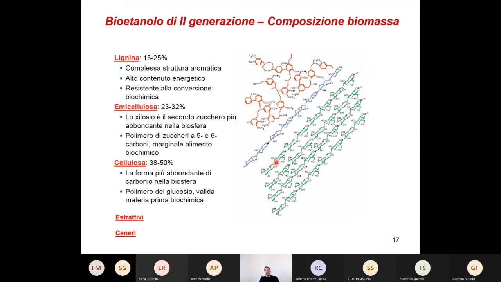Okay, so this is the idea. You can just imagine, and we will go into detail, that it's a little more complicated to obtain sugars from these polymers and then move towards fermentation.